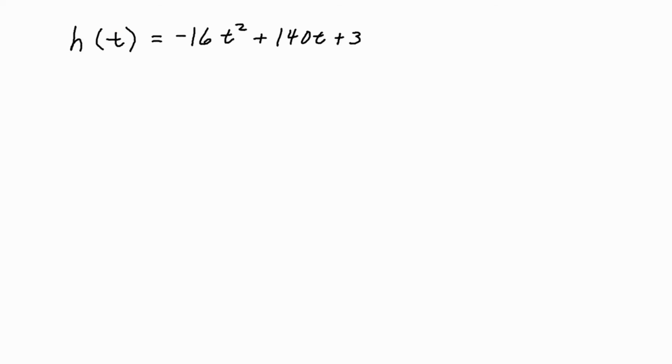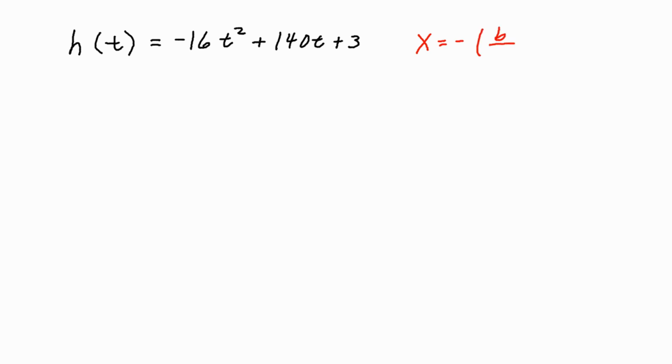Now we want to find the maximum height of the ball. In order to do that, we need to know the vertex. X equals negative b over 2a. So x equals the opposite of, my b is 140, divided by 2 times a, which is negative 16.